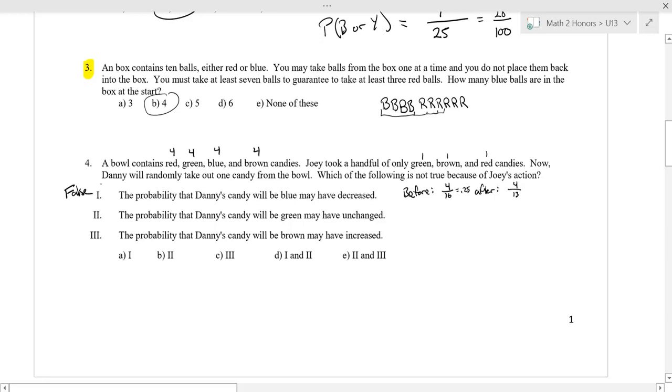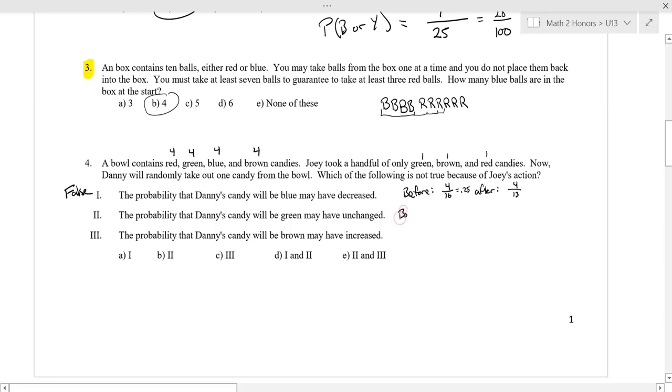Number 2 says the probability that Danny's candy will be green may have not changed. Okay, so let's take a look here.